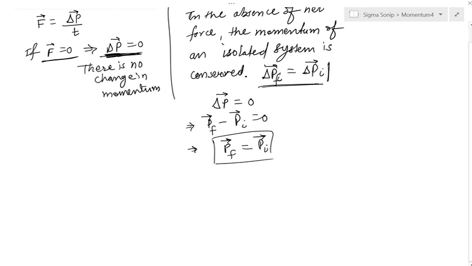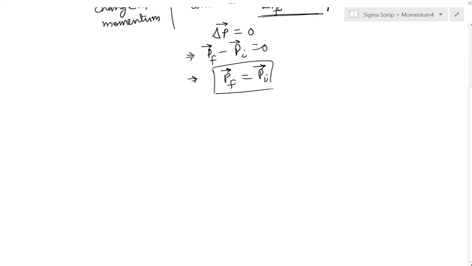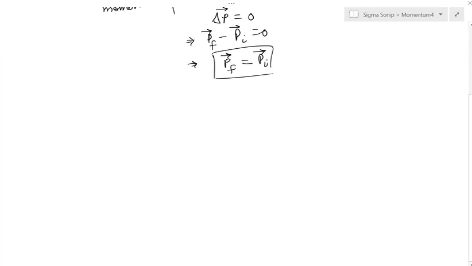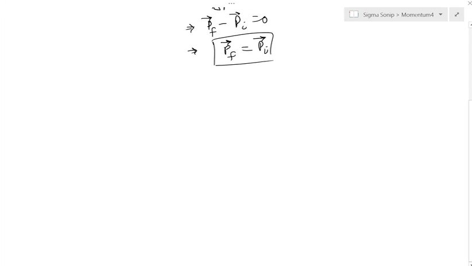Let's look at a problem in which we can use this to find the final velocity after a collision. We have an object m1 and another object m2. M1 has a mass of 3 kilograms and is going to the right, or east, with a velocity of 10 meters per second.